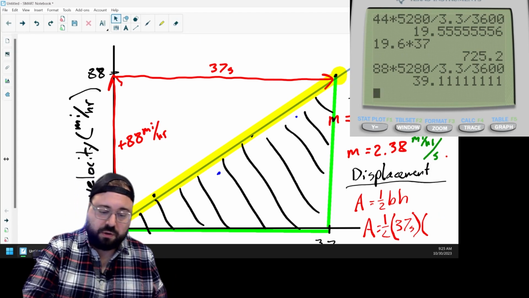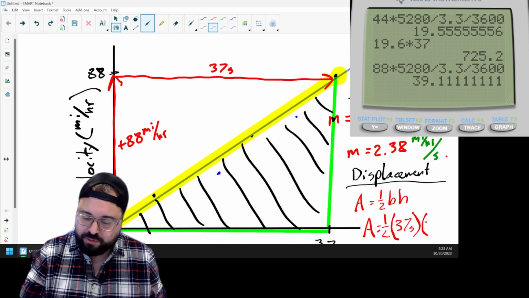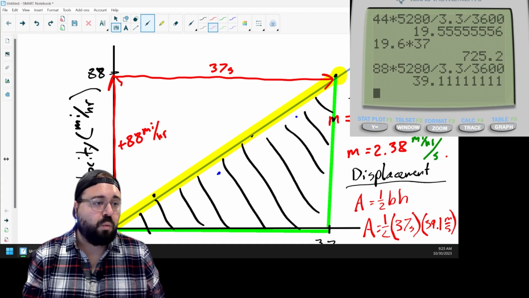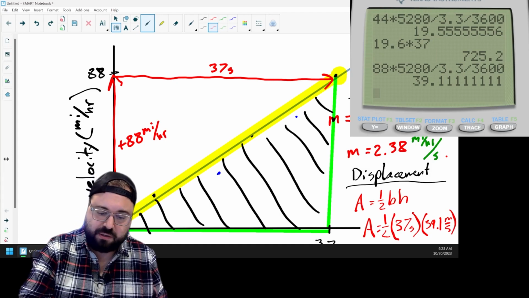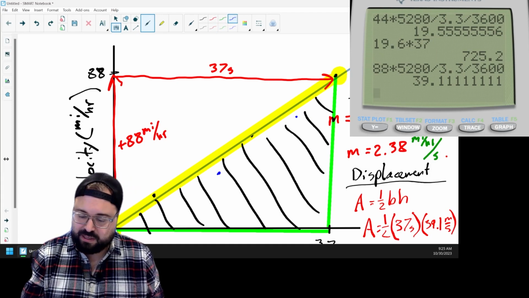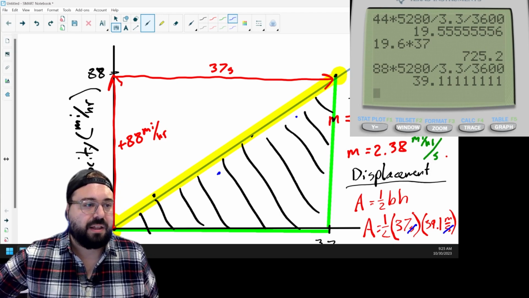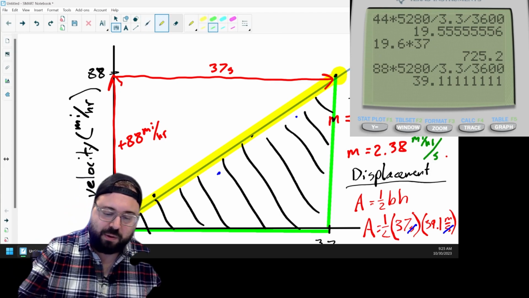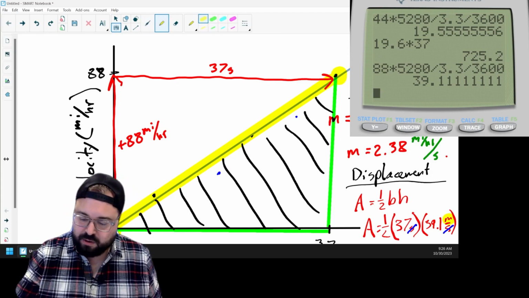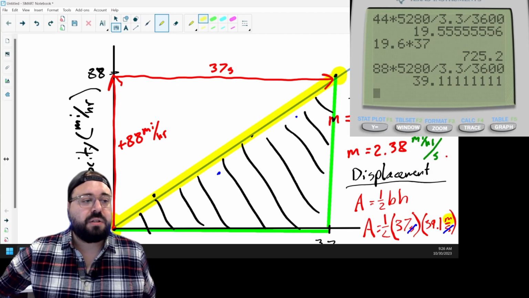All right, so we have 39.1 meters per second. Now, what's really interesting is if we look at the units, seconds is going to cancel out when we do this area calculation. And what is the unit that we're actually left with here? Meters. So this is really cool.